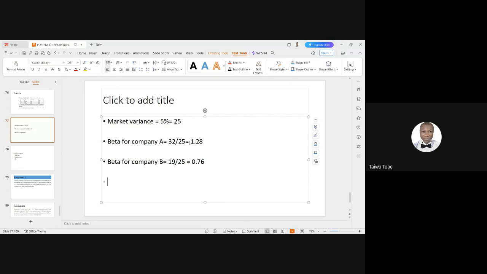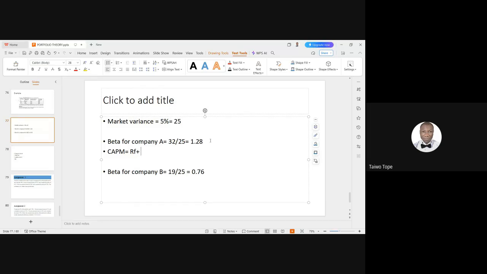Now, since we have the beta for A, can we solve for our CAPM? Using your CAPM, your formula is what?